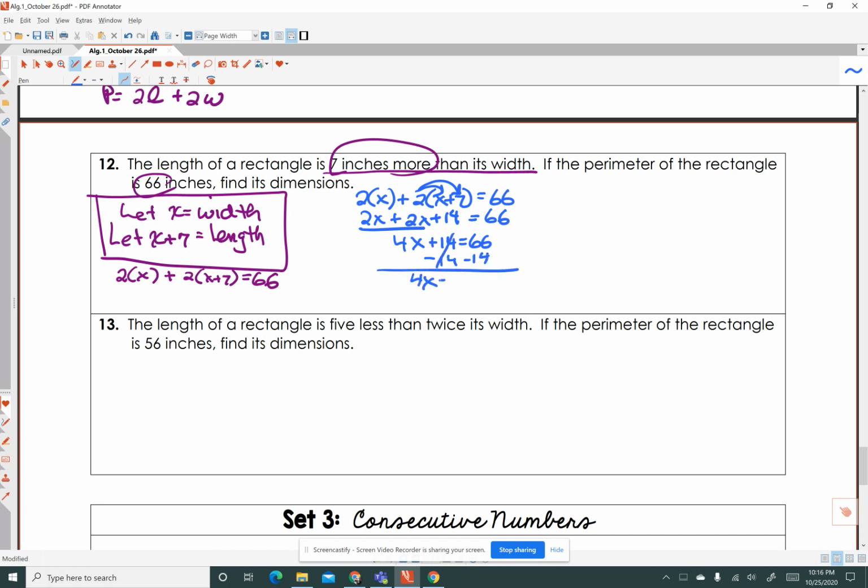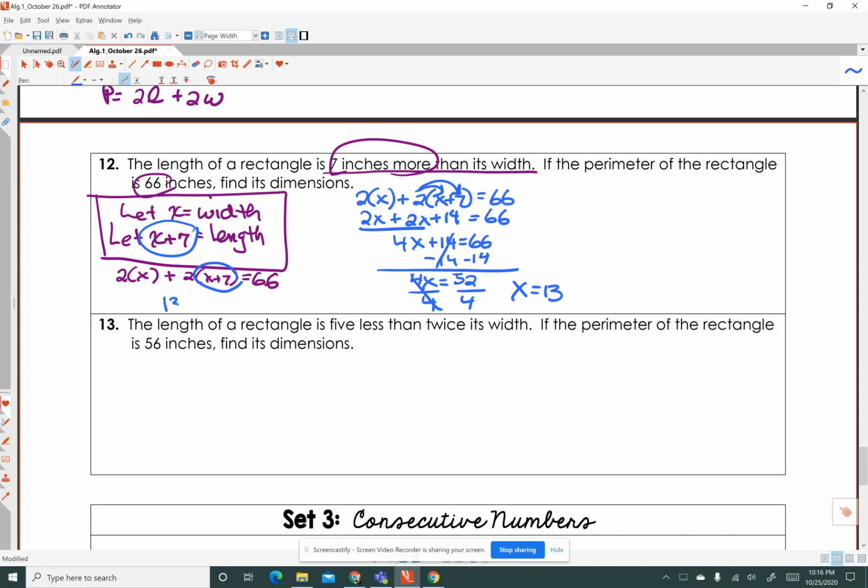Four x equals 52. And we'll divide both sides by 4. And x equals 13. So let's go back to our length. So the length is x plus 7.